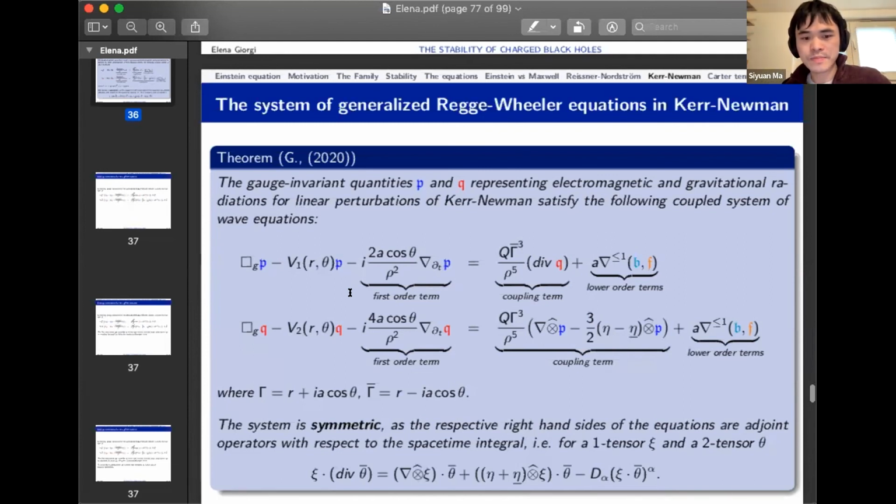So, I want to ask, can you briefly comment on the restriction of the angular momentum a and the charge Q, if you have any restrictions on those two parameters or not? Yeah, as I mentioned, maybe I should have said it more clearly, because it's crucial. The angular momentum has to be very small, so it's very slowly rotating. There are many reasons for that.